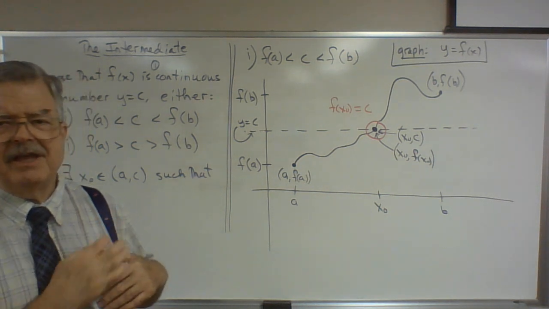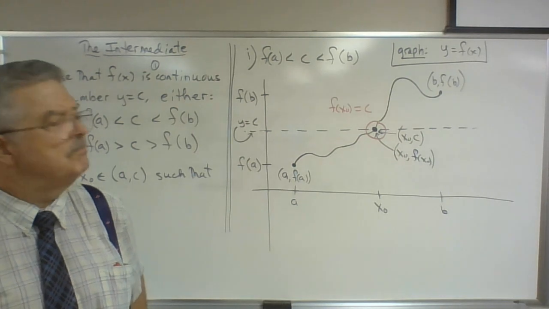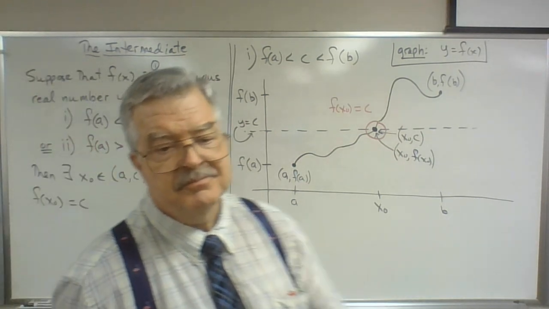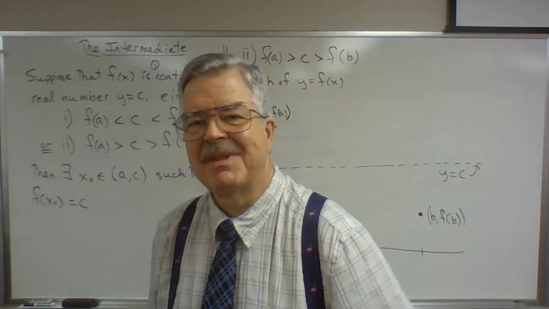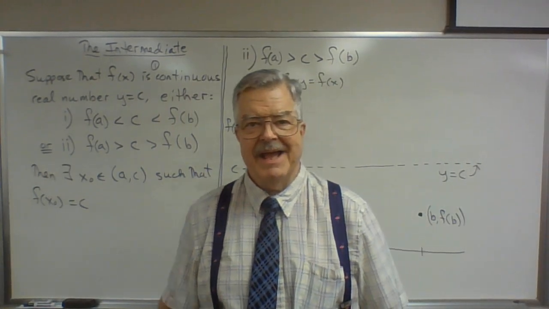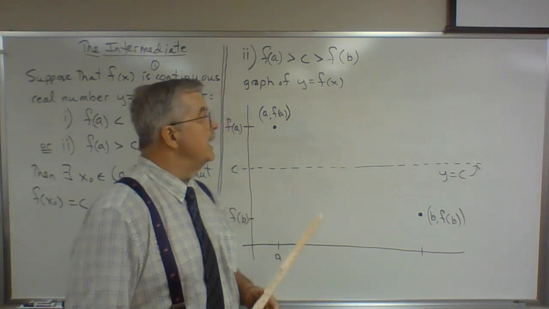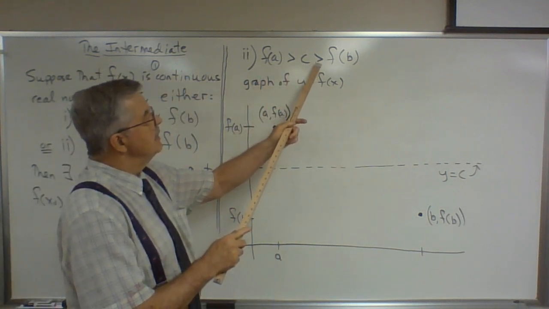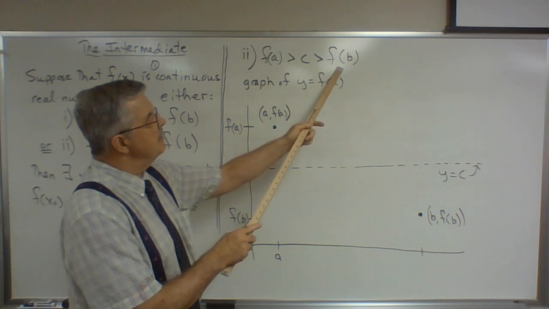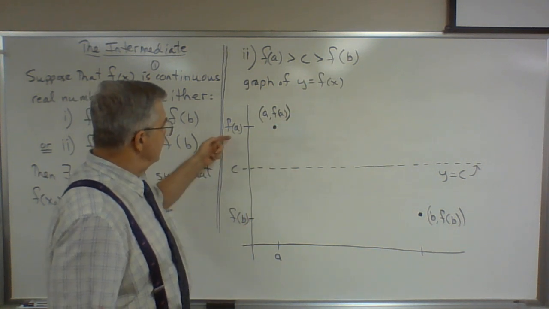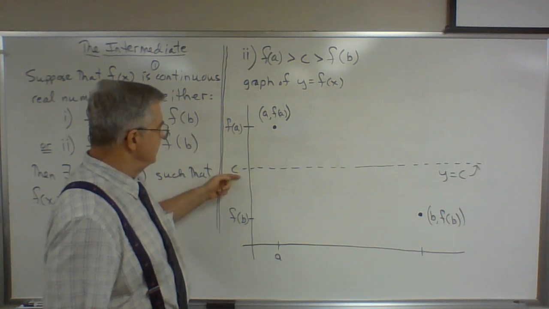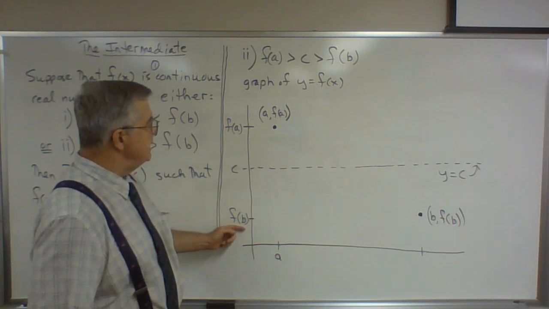Now, just for the sake of being thorough, we're going to look at case 2 also. We're back. And this time, f of a is greater than c, and c in turn is greater than f of b. So here's f of a greater than y equals c, greater than f of b.